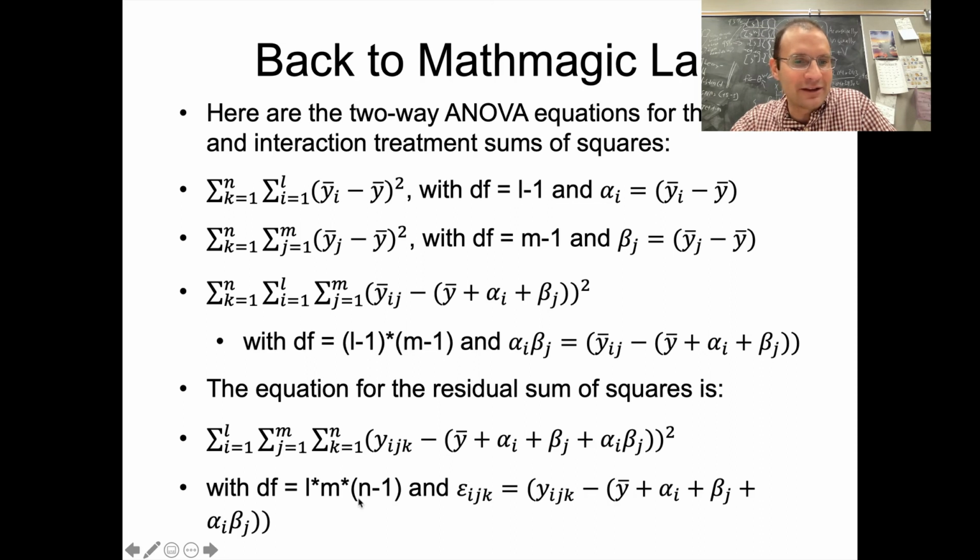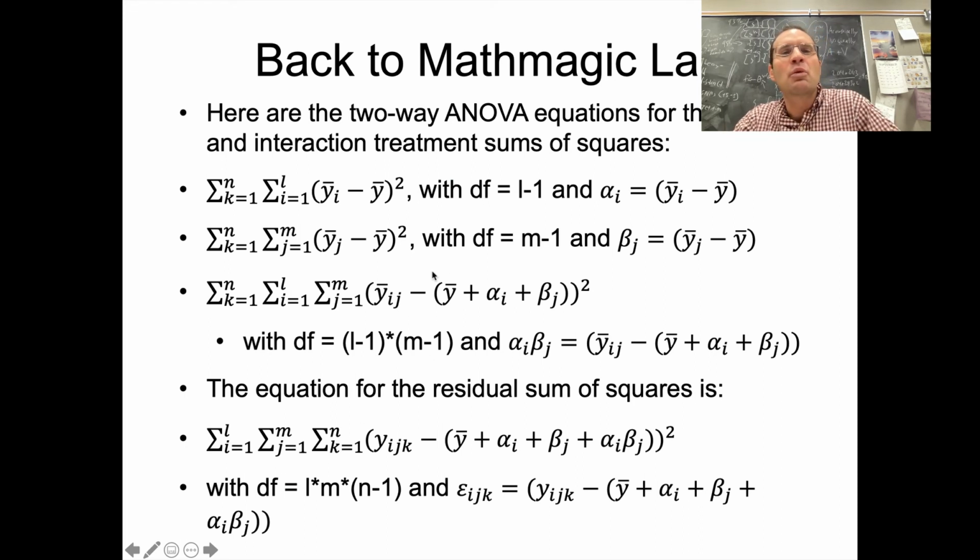And then you multiply all of those degrees of freedom together, the number of levels in both of the independent factors times n minus 1, the number of items in each sample minus 1. And then you get your overall error term, which is all of this stuff that you're squaring in this equation here. I'm not going to dwell on this too much. I think from the example you can see where the numbers come from, and you don't need to memorize this math or anything like that.